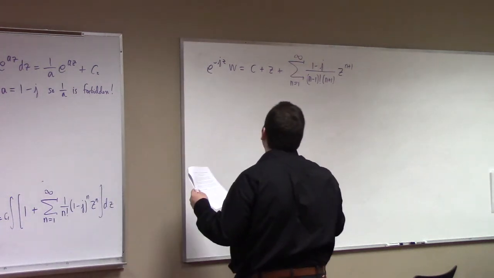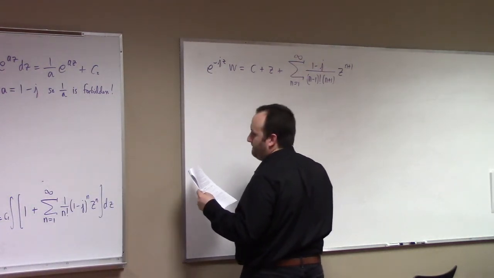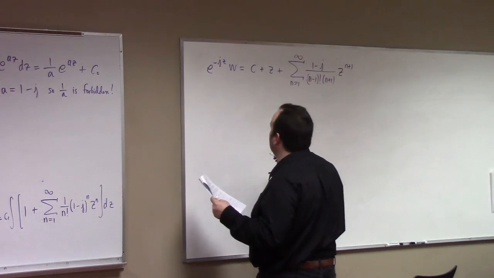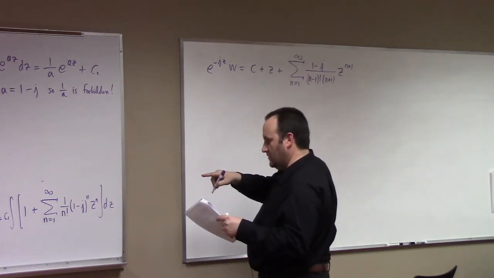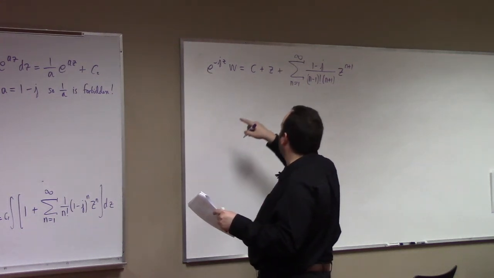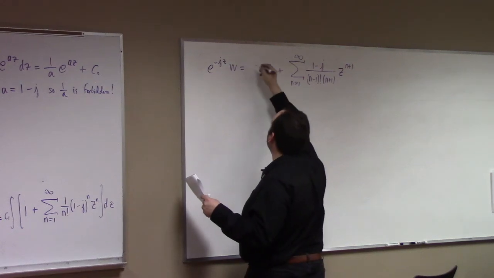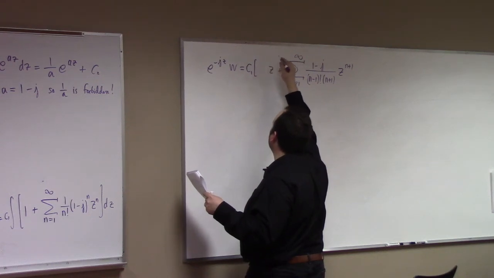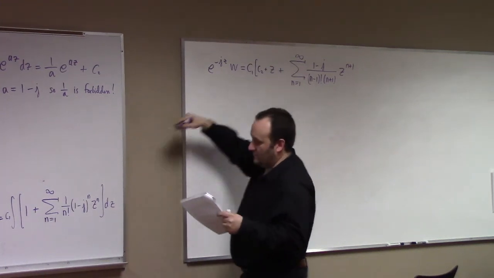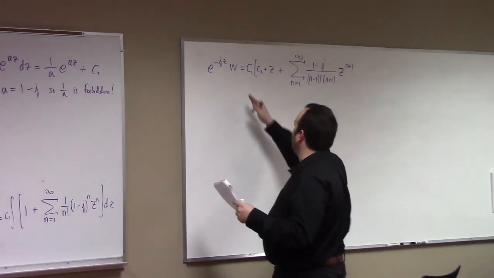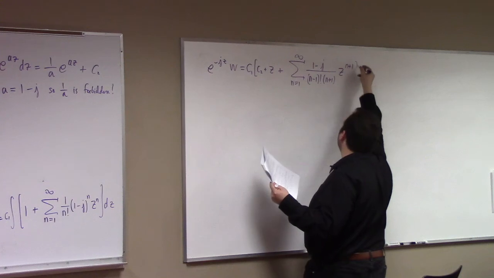Let's see here. So that one integrates to a z, right? So C1's out here, right? And we got C2, let's say. The C2 is from this integration, right? And technically that would multiply the C1 in that way. And then let's solve for w.